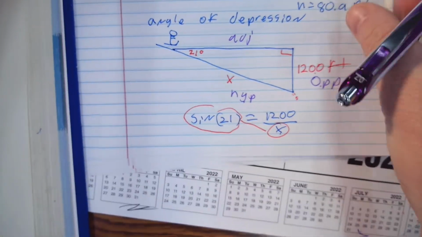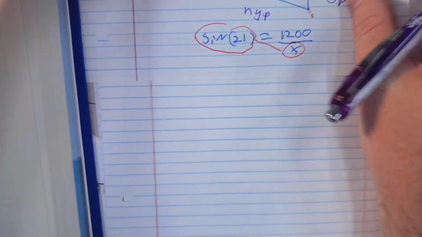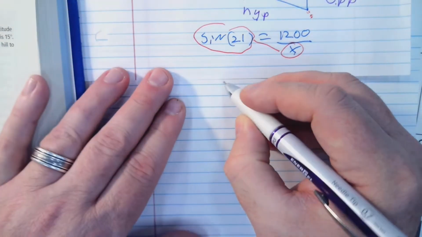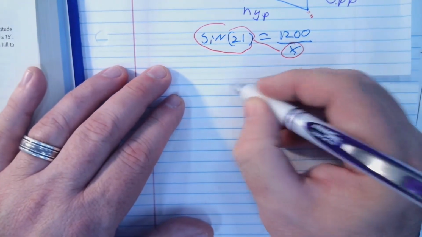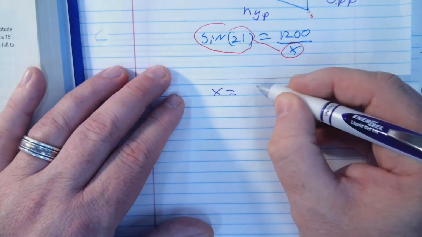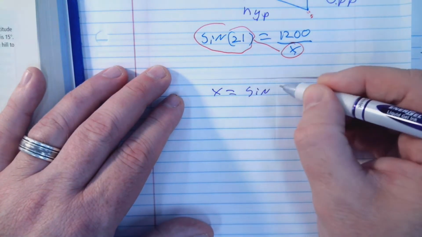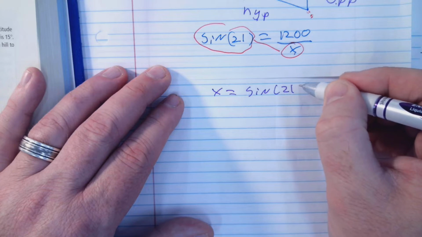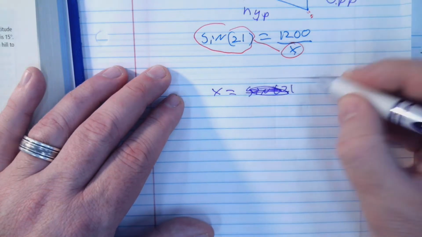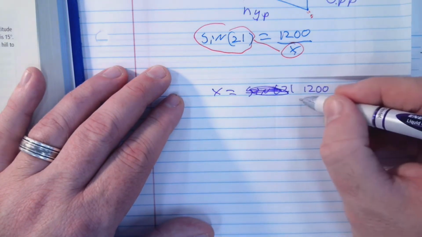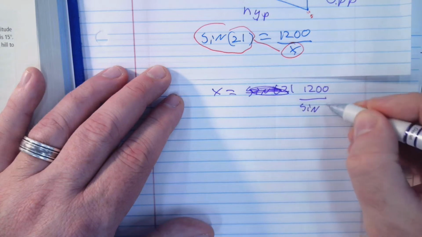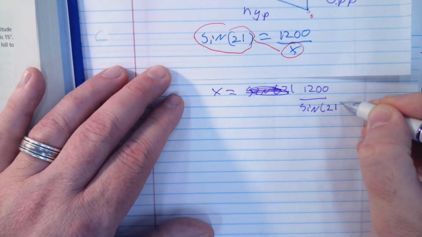Unfortunately, I'm kind of out of room, but I'm going to cheat and pretend like I have more paper and write down here. So this would end up being x equals sine over 21. Nope, that's wrong. That's lies. 1,200 over sine of 21. And you just put that in, and you should get a reasonable number.